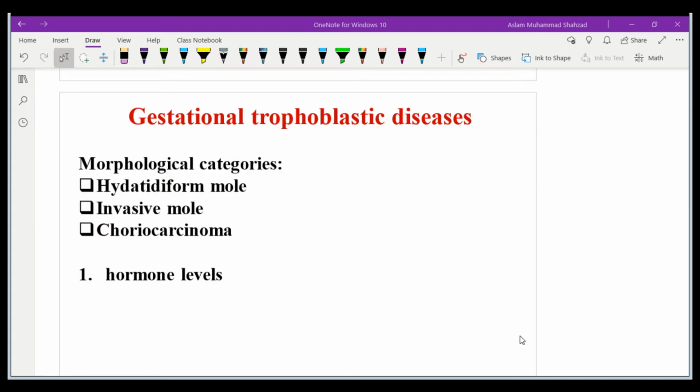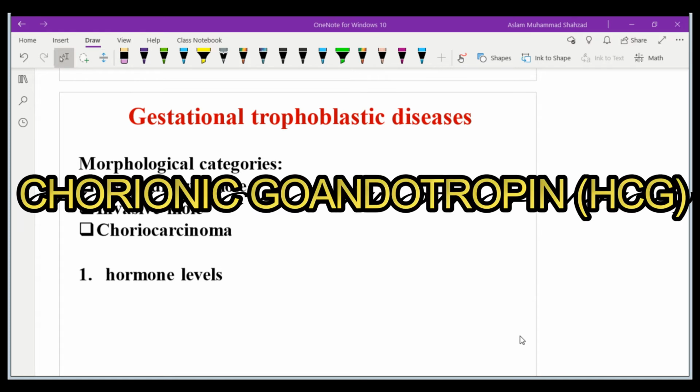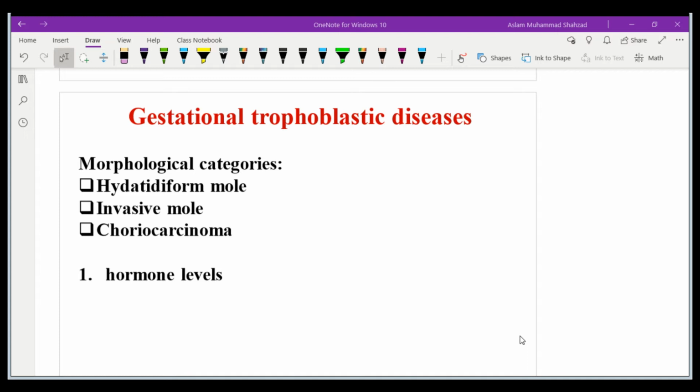So the main thing is how to identify gestational trophoblastic disease. It can be detected in the blood and urine, and the usual level is found higher than in normal pregnancy. The main diagnostic marker is chorionic gonadotropin, HCG, and the HCG level in the blood and urine will be higher compared to normal pregnancy.